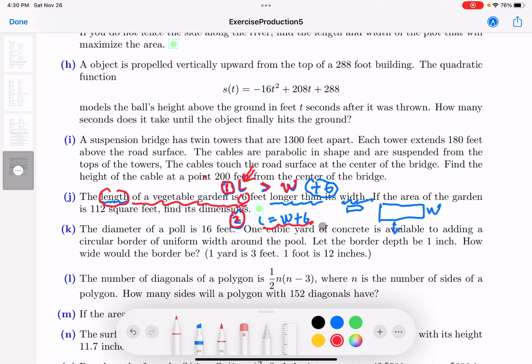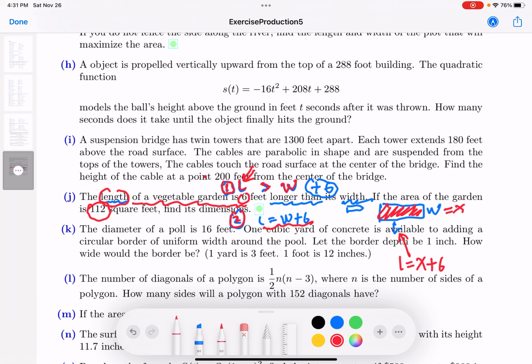Now, if we let W be X, then L should be equal to X plus 6. And what is the area? Area is 112.